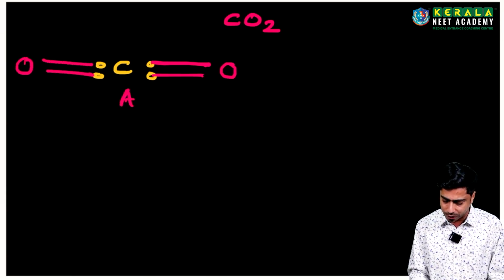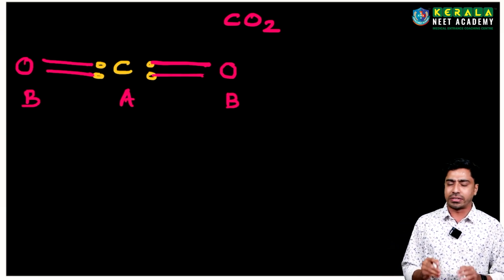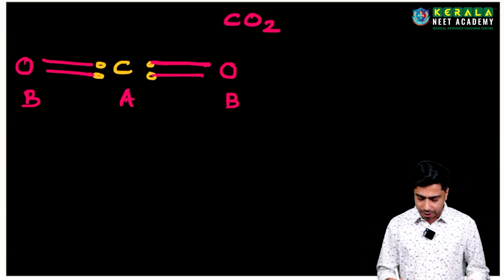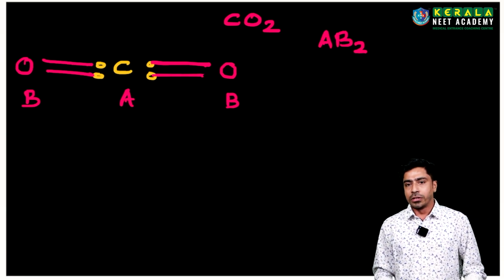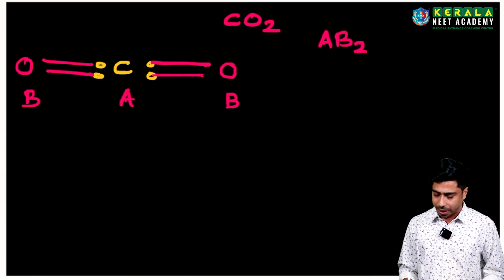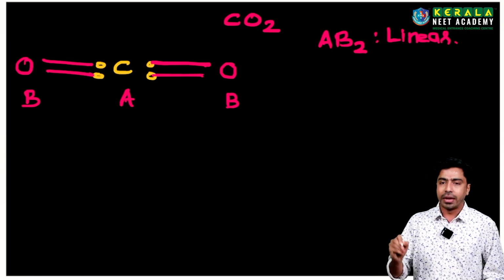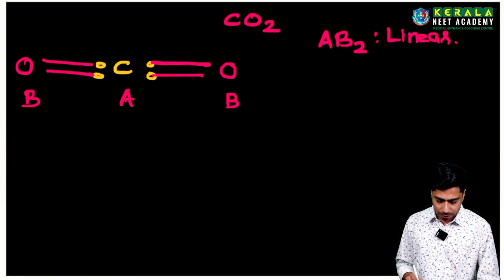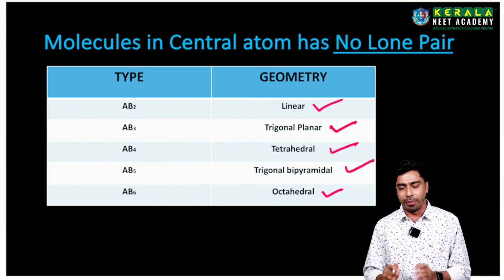So this is AB2 type. Does it carry any lone pair? No. So in AB2 type without lone pair, the shape will be linear. Before going further, you have to learn by heart the structures AB2, AB3, etc.